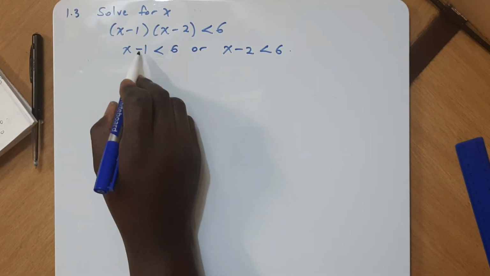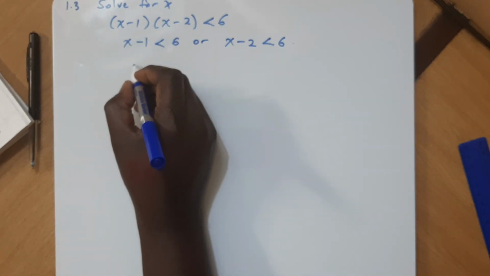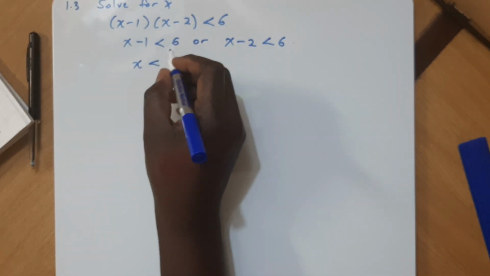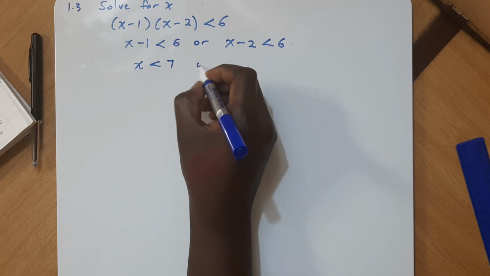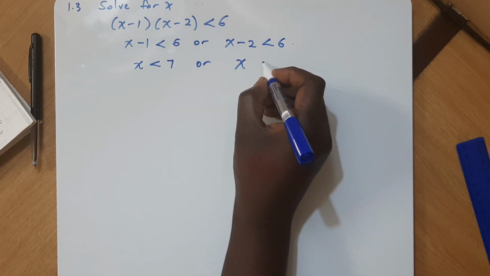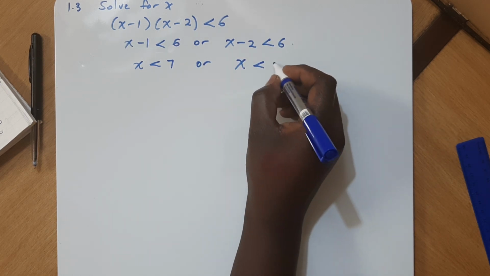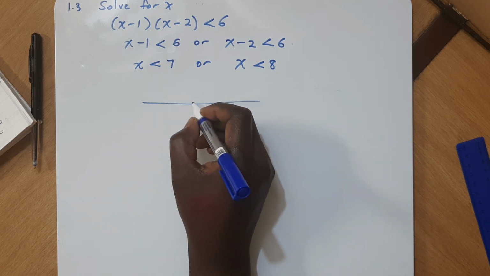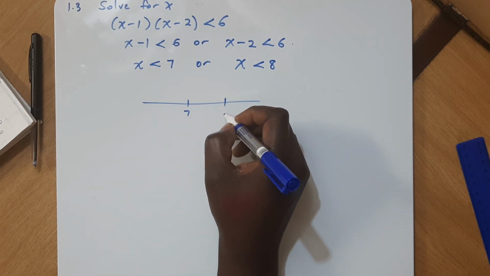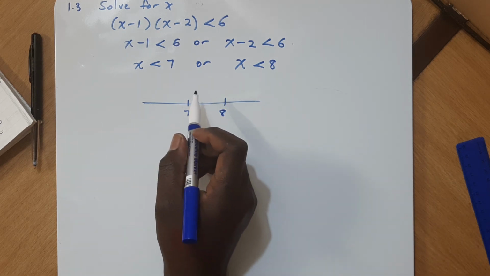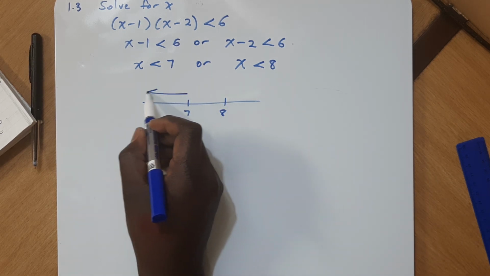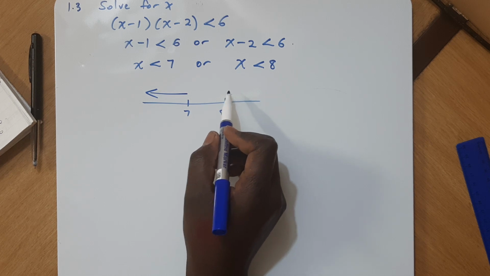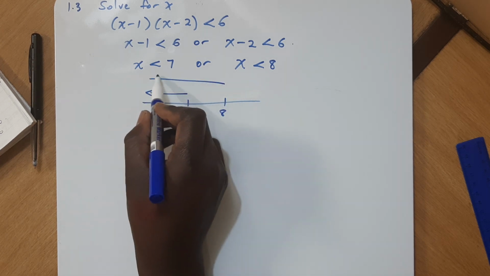Then here, when we take the 1 to the other side, it will be x less than 7, or x less than, and the 2 goes there, 8. So on a number line, we have our 7 here and our 8 here. So if x is less than 7, it means going that way. If x is less than 8, it's from here going that way.